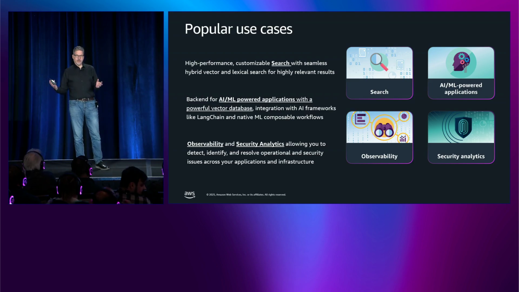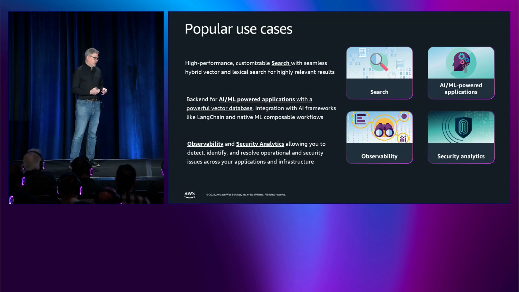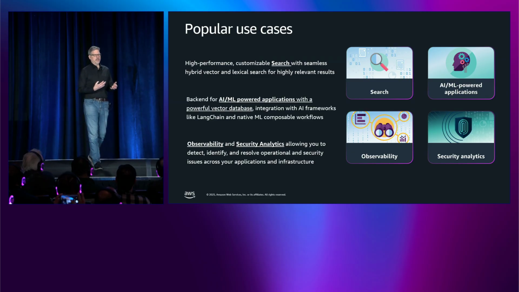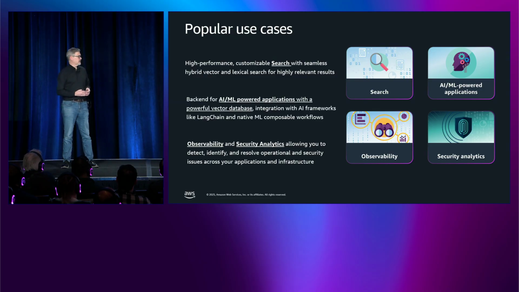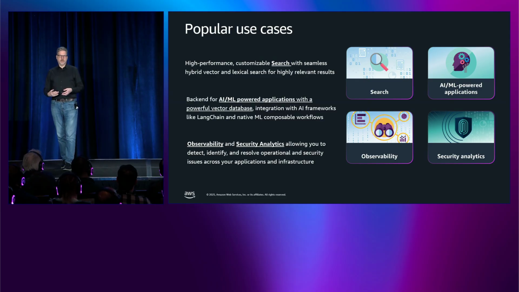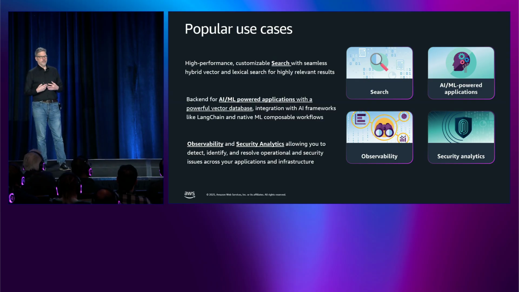Additionally, it's very popular with analytics use cases where, since it's a very flexible engine, the data is highly indexed and is fast, and you can find the needle in the haystack. It's very popular for observability, security analytics, and general real-time analytical use cases where I can on the fly do aggregations, do searching, and get deep insights into my data.